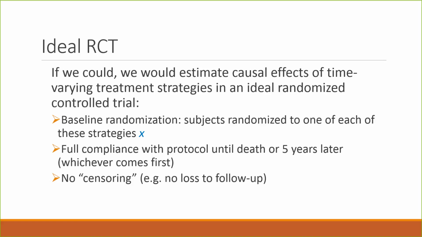This ideal RCT also would have no censoring, and I put that in quotes because there are many ways we could define a censoring event. A ubiquitous censoring event would simply be they drop out of the study. We could all agree that the subject is censored, and if I don't know what happened to them after they dropped out, I don't know if they died or they didn't die, clearly that's a censoring event.